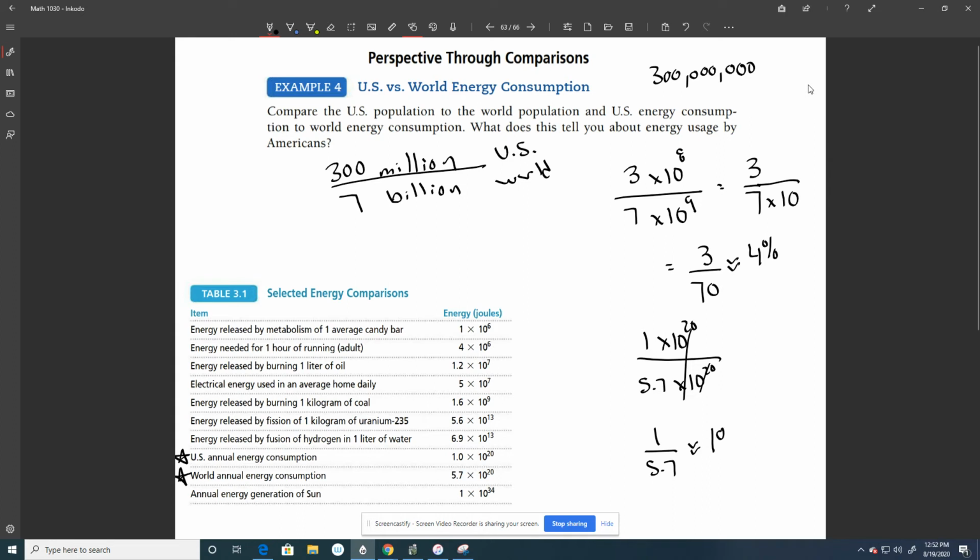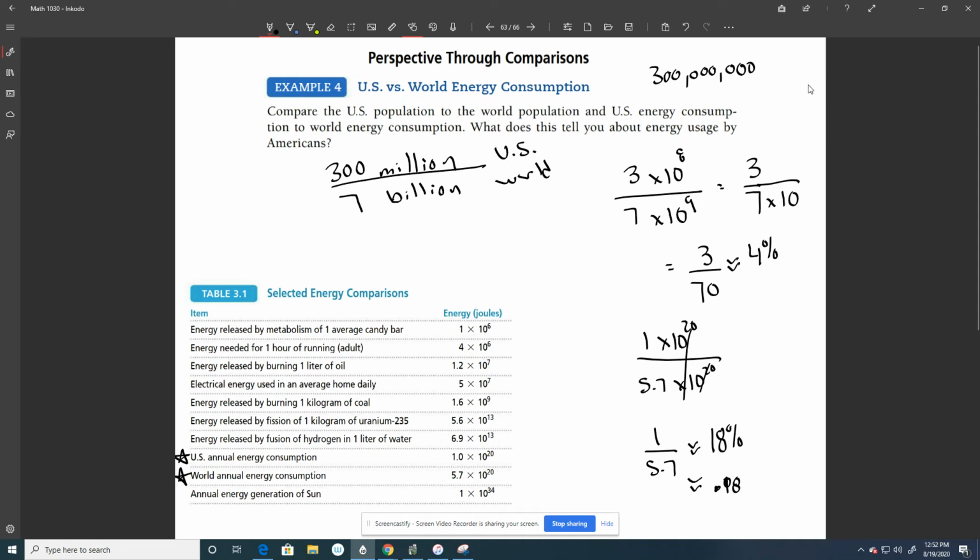So we're at around 18%, or 0.18. That's how I'm getting the percent, guys. 1 over 5.7 is approximately 0.18. And I'm moving the decimal to get the 18%, okay?